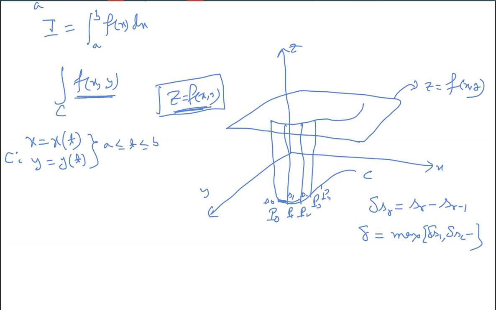f of xi. Suppose some xi point will be here, some xi point will be here. So this f of xi is where?